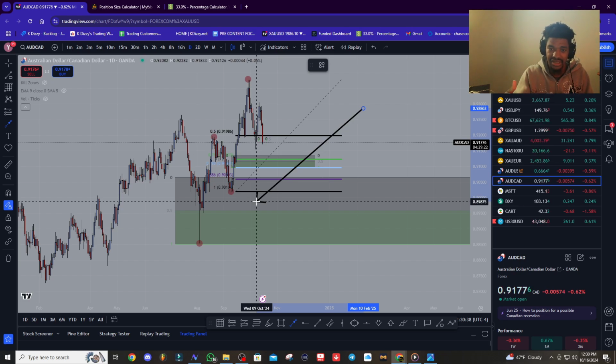This is a probability industry. This is not 100% of the time. But if you're going into it already expecting it to go here, here, and here, and if it doesn't, you can see where you went wrong.